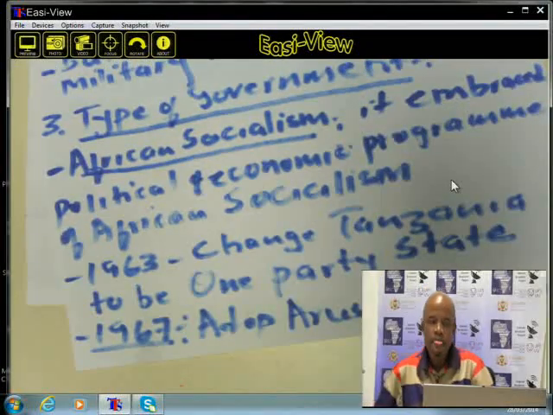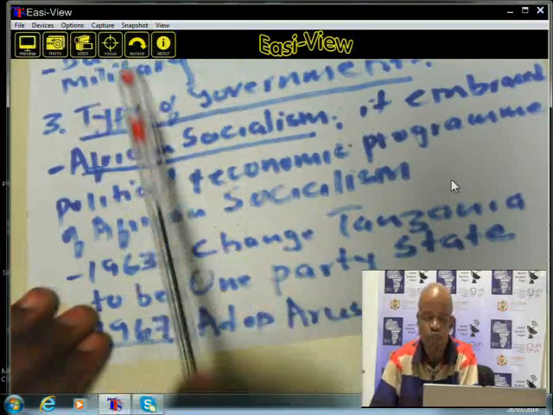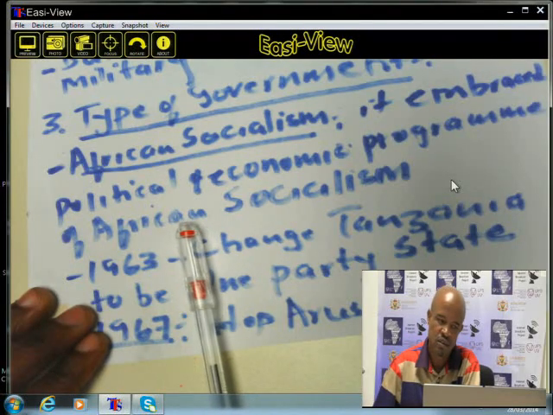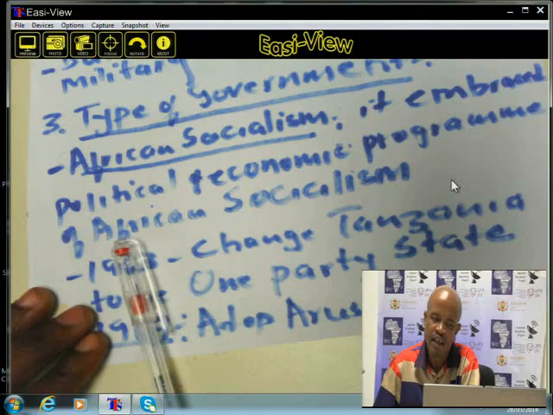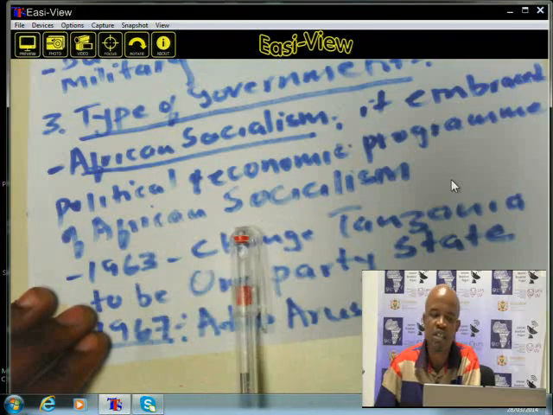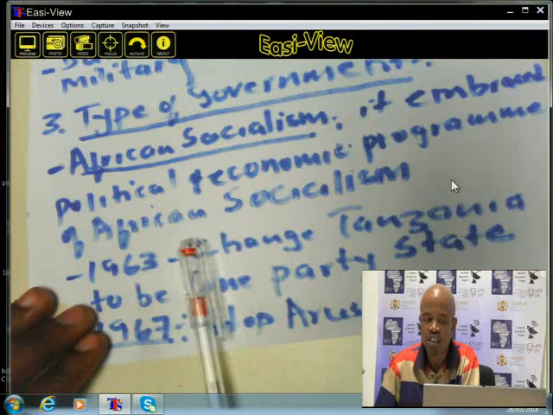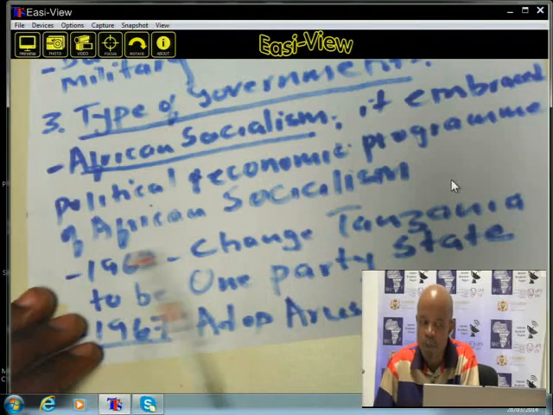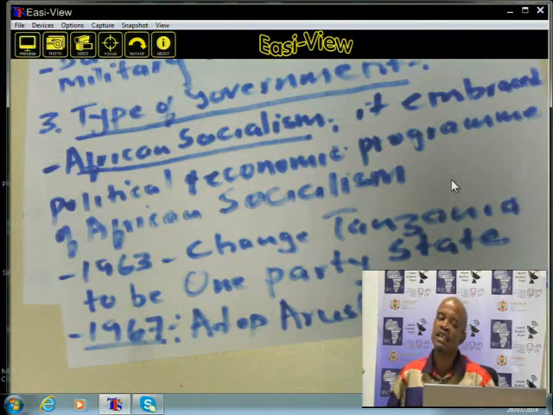It simply means that the Africans will be encouraged under African socialism to go to villages, cooperative villages, and work together. The production that is made is not only for few individuals, but for all community members. That was African socialism in Tanzania.